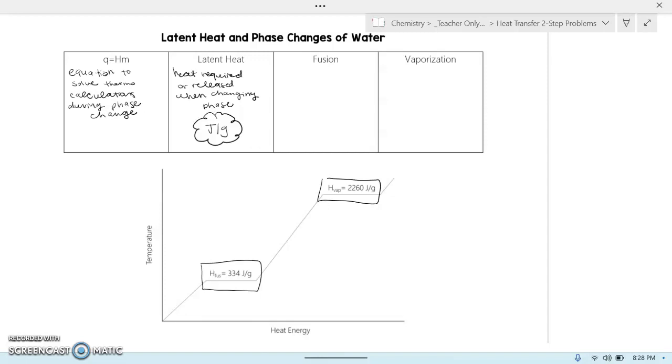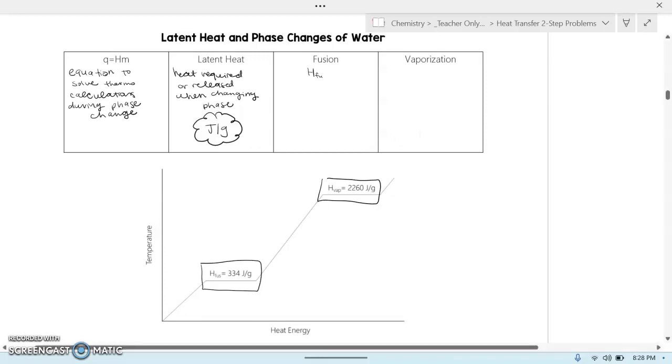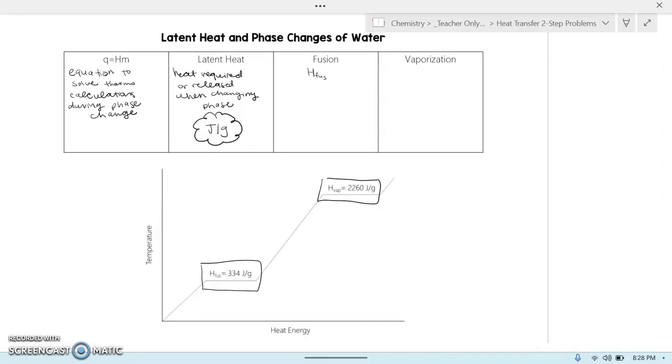So we have two values that we're going to use. Fusion and vaporization are fancy ways of saying melting and boiling. The heat of fusion, which you might see written as H fus, is the process of melting if you're adding heat, or freezing by removing heat.